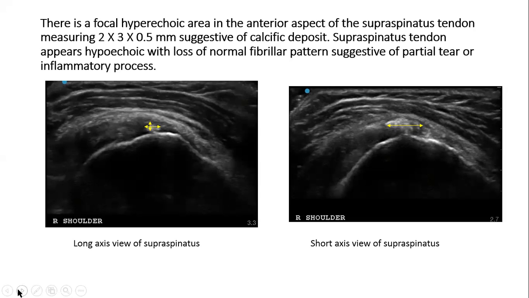My second question is, you commented that the focal hypoechoic area is in the anterior aspect of the supraspinatus. I think I would have called that proximal. So I'm confused as to whether anterior and proximal are both correct. I know why you said that, but proximal would be confusing to whoever is reading the report, because the fibers are coming towards the GT, right?